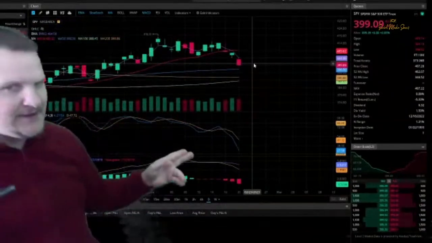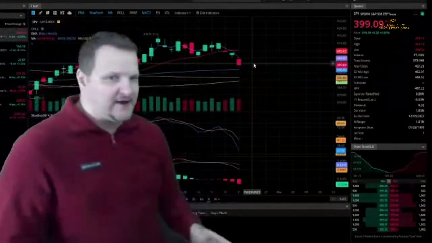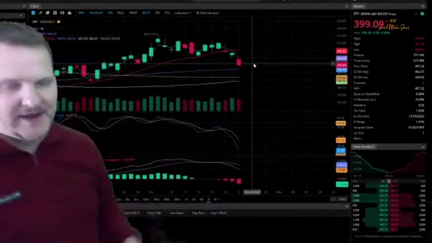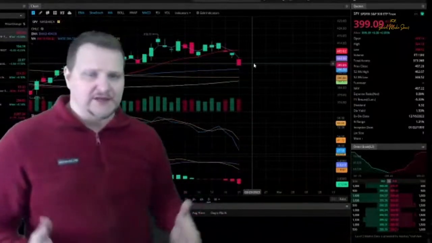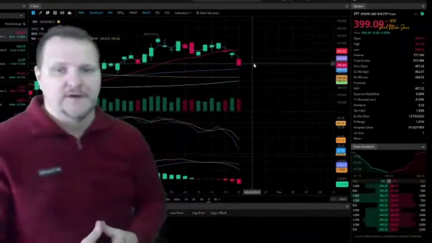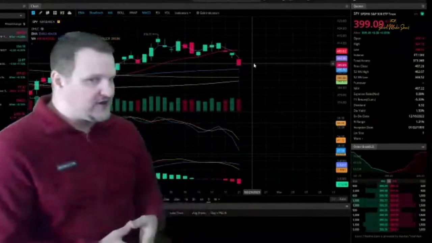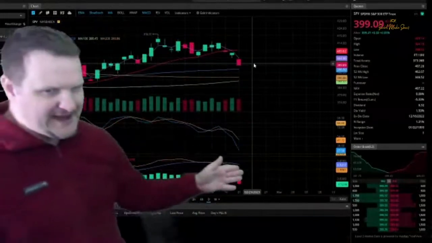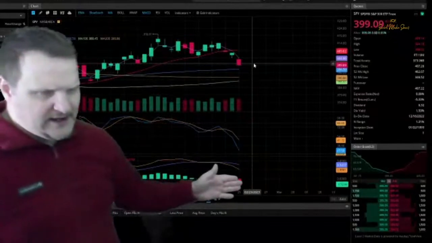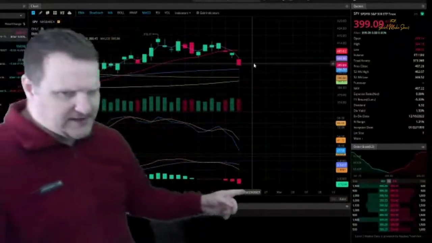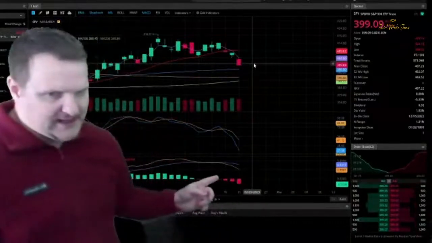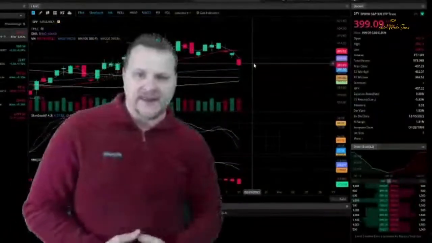At the same time, again, I don't use this very often. I have it on from time to time, and sometimes Webull, my broker, likes to just turn this on for some reason, even though I turn it off all the time. But I did notice on the MACD you have this separation as well, and you also have these bars where the separation is expanding here on the daily time frame.